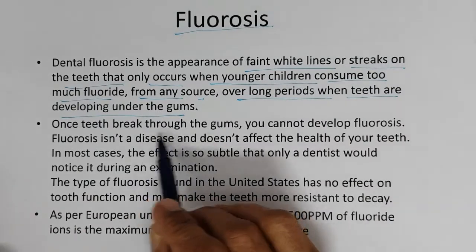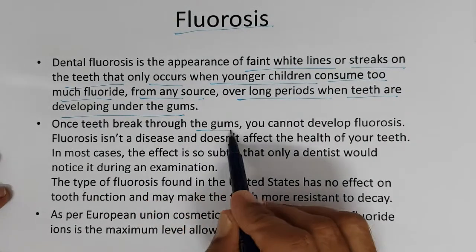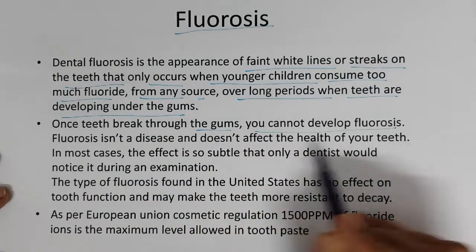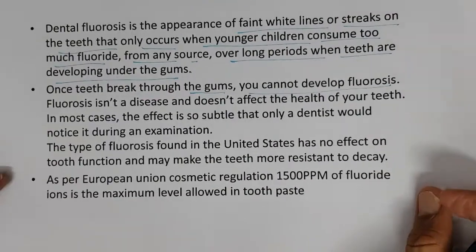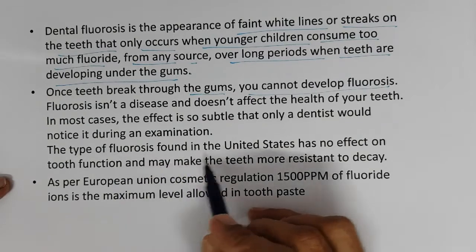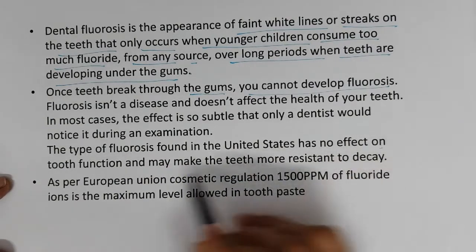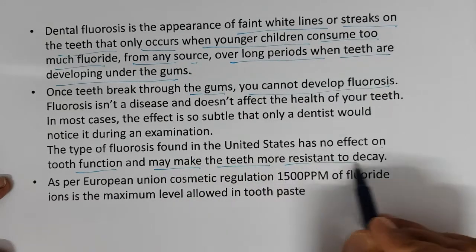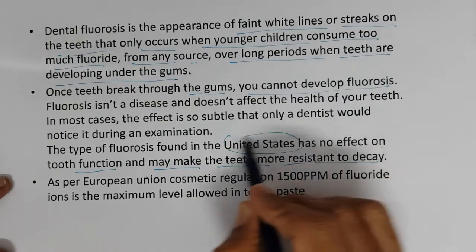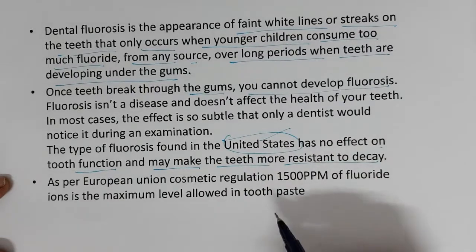Once teeth break out through the gums, you cannot develop fluorosis. So generally adults don't develop fluorosis. The type of fluorosis found in the United States has no effect on tooth function and may make teeth more resistant. United States or any other place.